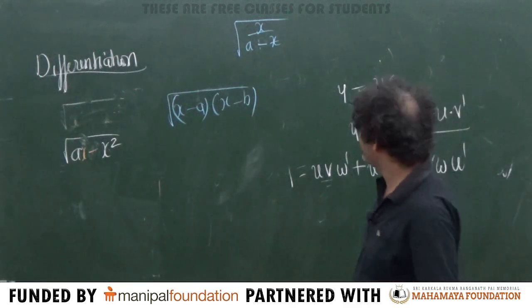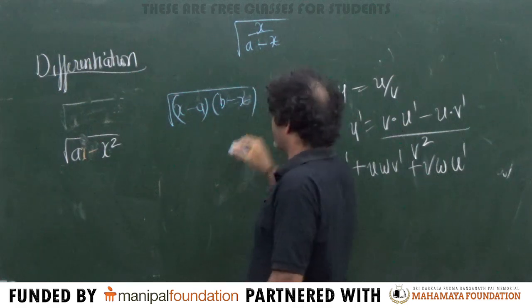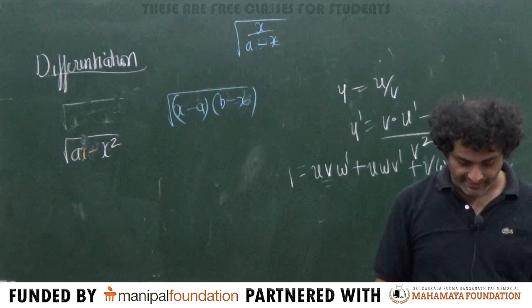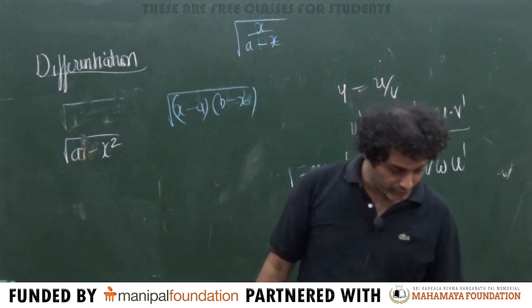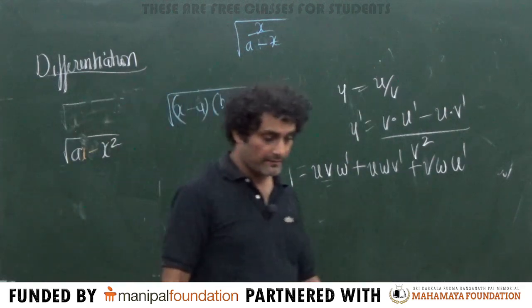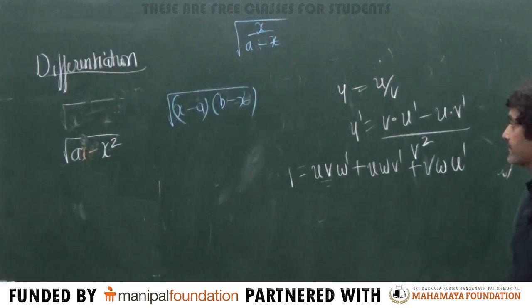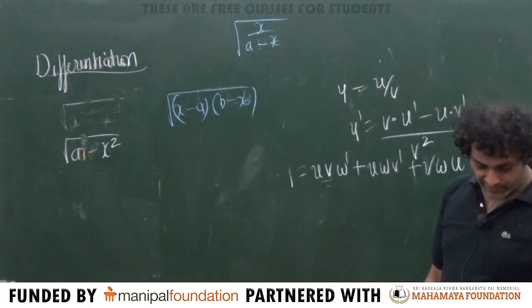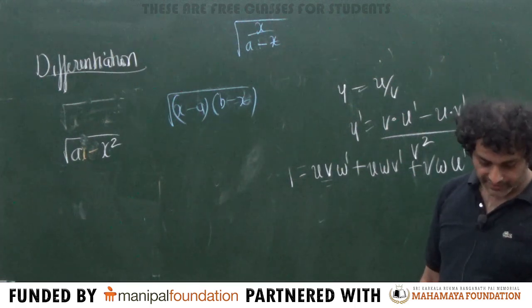And the other one, if it is root of x minus a into b minus x, then x equal to a cos square theta plus b sin square theta.